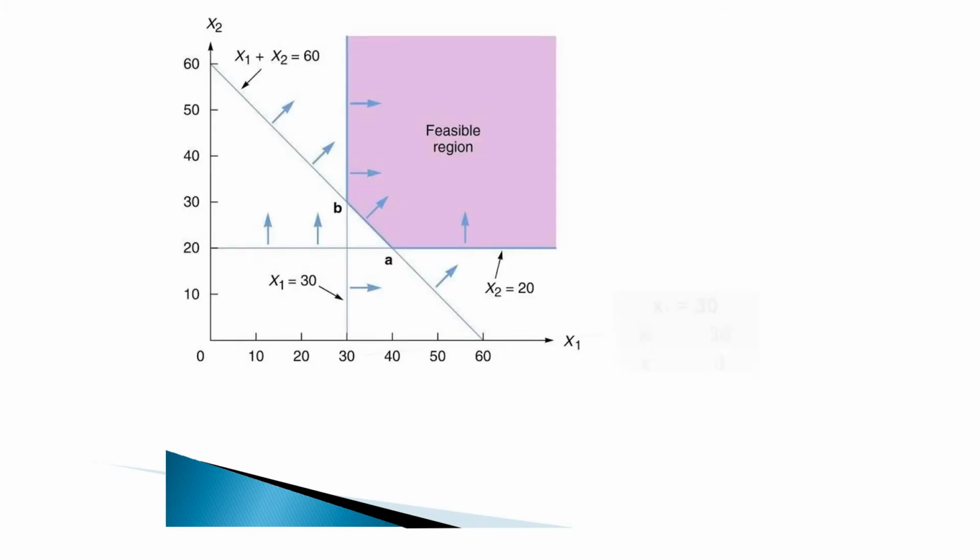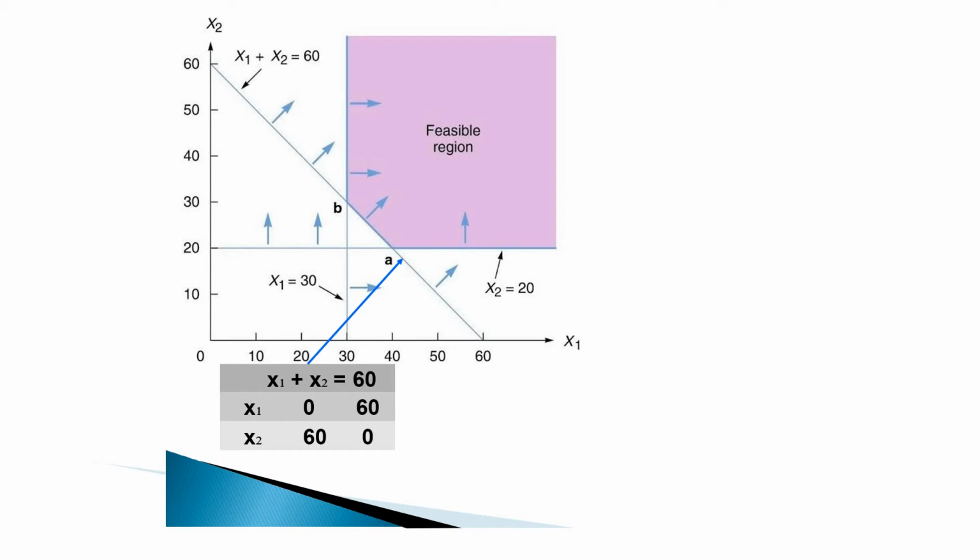So here we have x1 equal to 30, a line passing through 30, 0 and parallel to the x2 axis. x2 equal to 20 is a line passing through 0, 20 and it is parallel to the x1 axis.